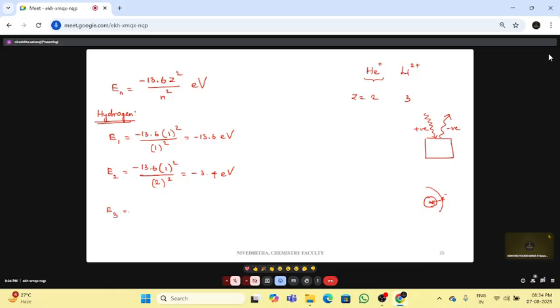If it is E3, minus 13.6 times 1 square divided by 3 square. What is the value, Kanna?